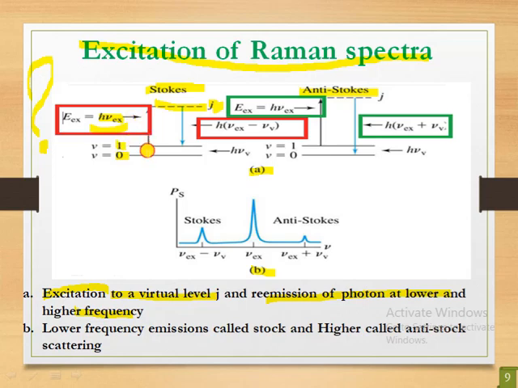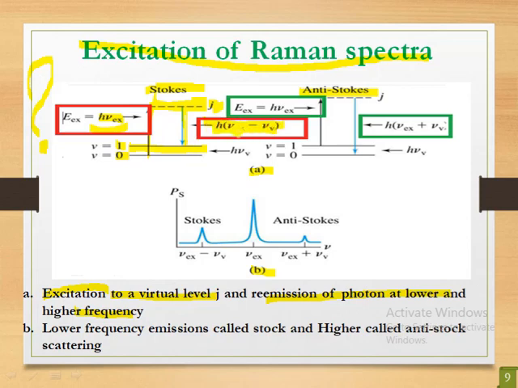From the ground state, our molecule will be excited and come to the virtual state, denoted by J, and after that it will re-emit the photon. This is the re-emission of the photon, and it will come to the first excited state, and this is the energy difference. When the photon loses energy as it is re-emitted, it will generate this much energy.